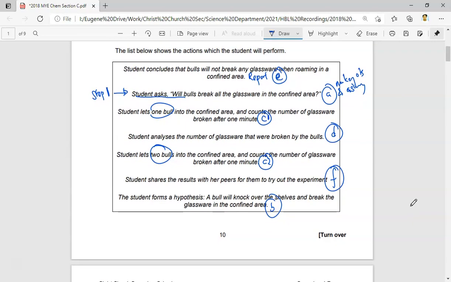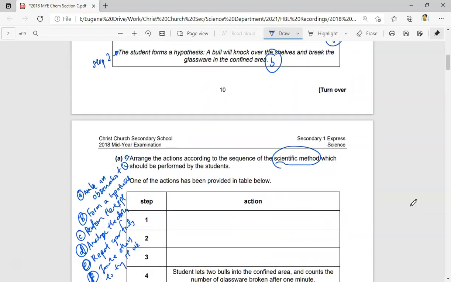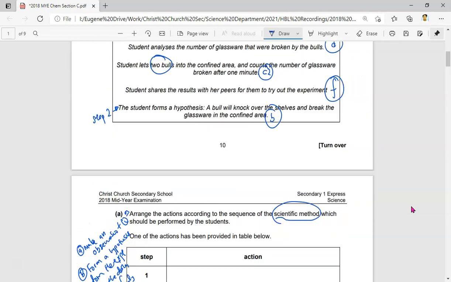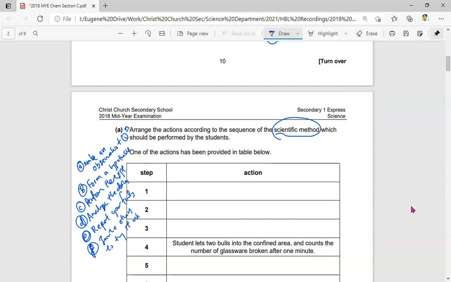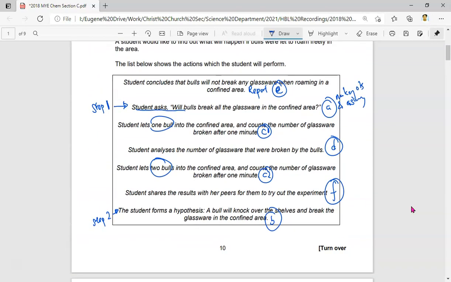The second step will be the student forms a hypothesis. So this is step 2. Step 3: after the hypothesis is to perform the experiment. Remember I told you this is experiment step 1, experiment step 2. So step 3 will be to let 1 bull in and then count. Step 4 is to let 2 bulls in and then count.